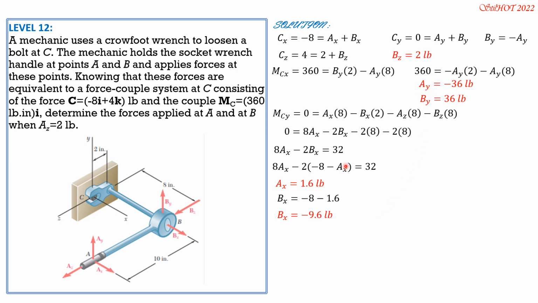At A in vector form: 1.6i minus 36j plus 2k pounds, because AZ is given. While at B, the force is negative 9.6i plus 36j plus 2k pounds also. So that's it.